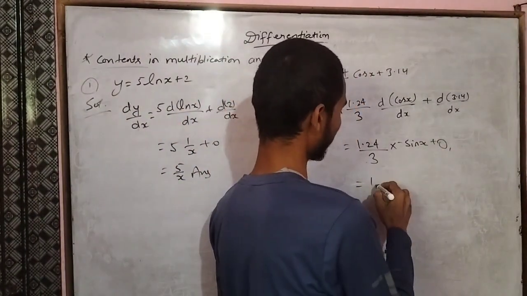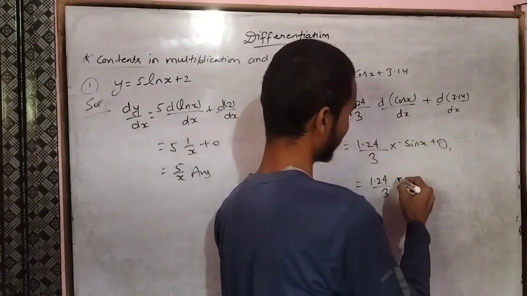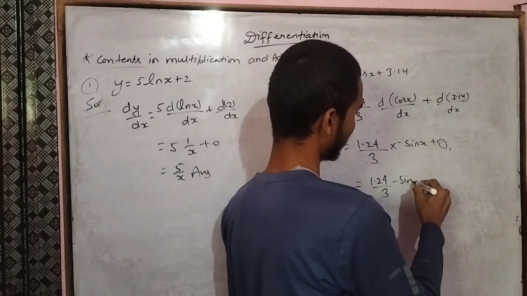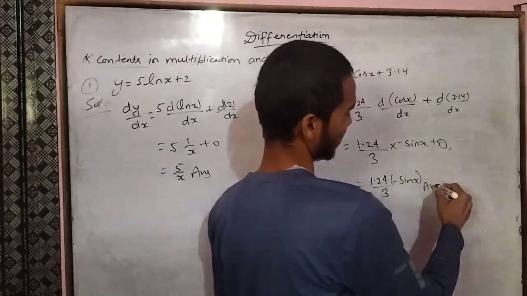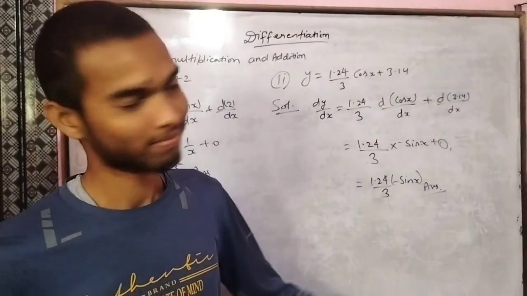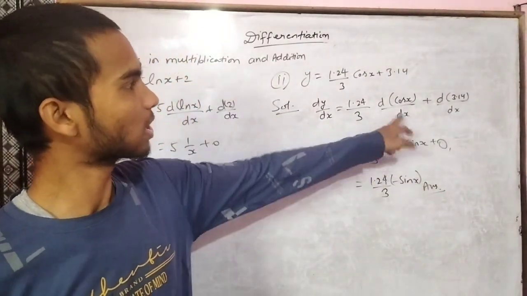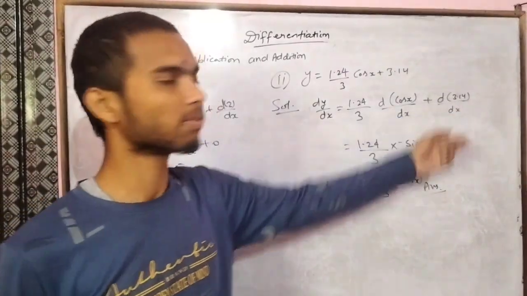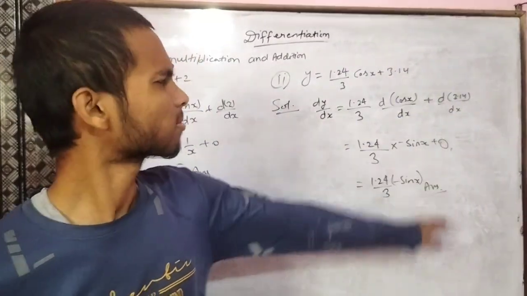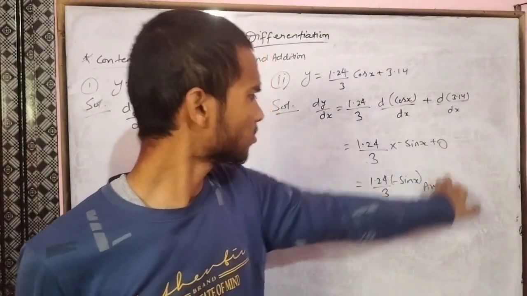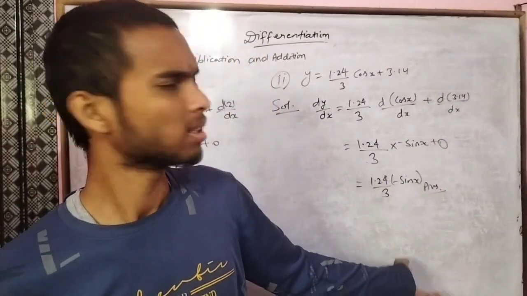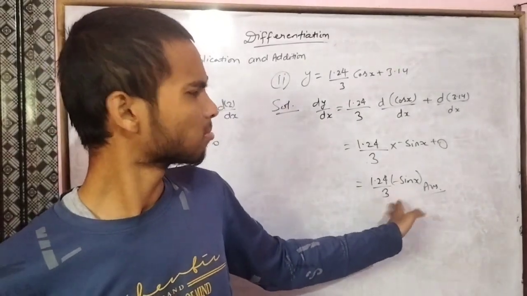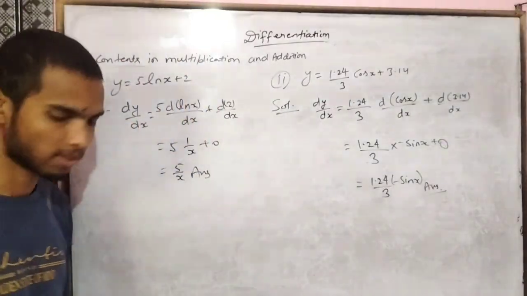Now let's simplify it. So here differentiation of a cos x, and then differentiation of a constant 0. Then we simplify it. It is so much easy.